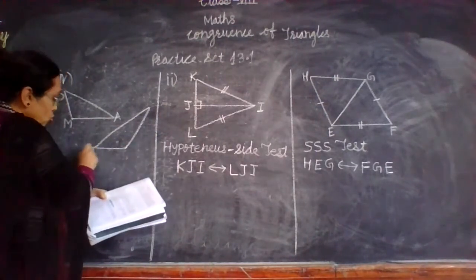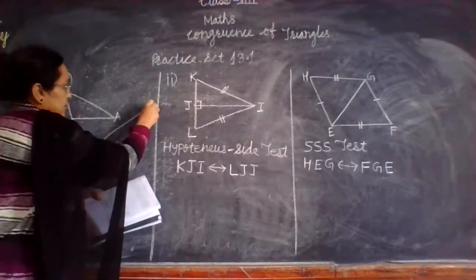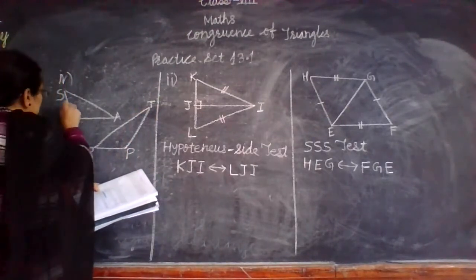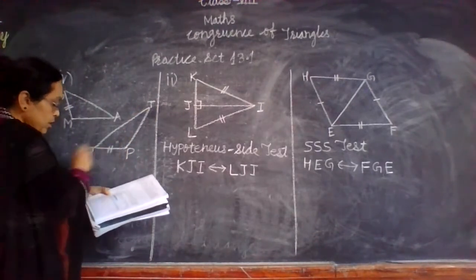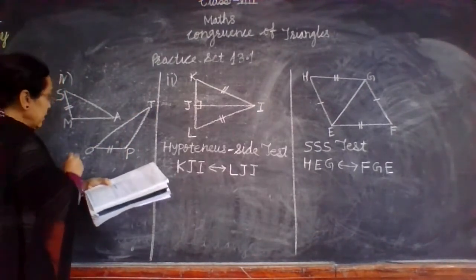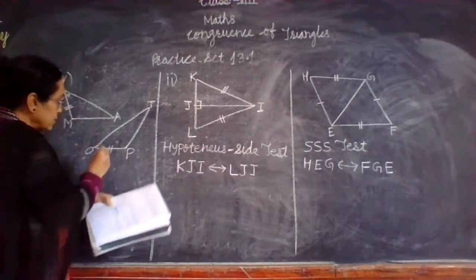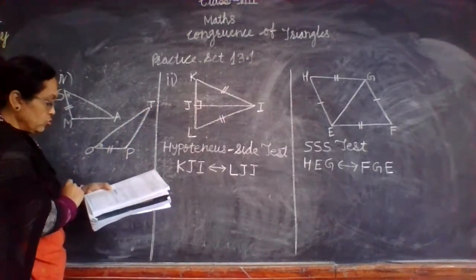here it is OPT, and here this SM is congruent to OP this side. Then this angle S is congruent to, identical marks are shown. So you have to see that which angle is congruent to which.